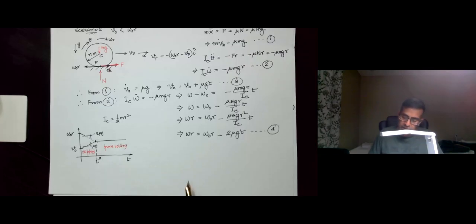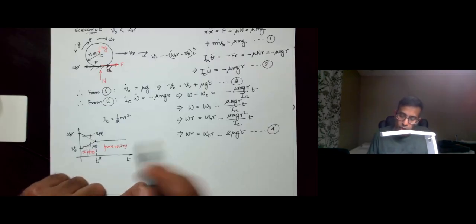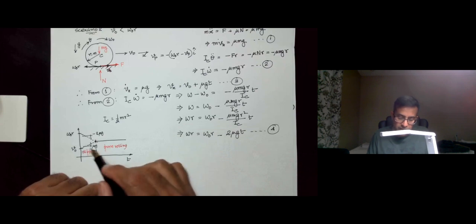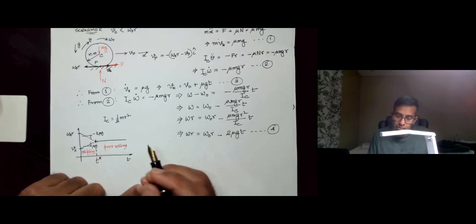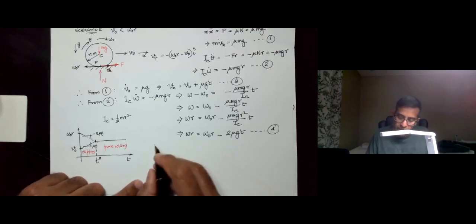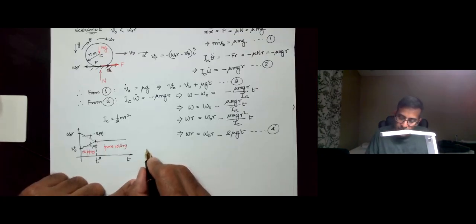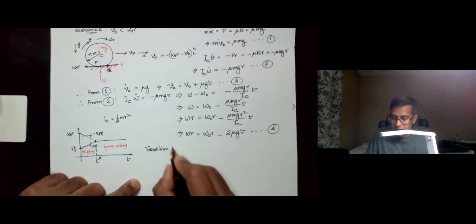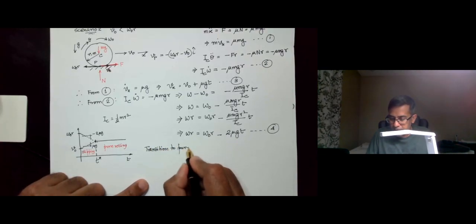Right, so this is the scenario, and similar to the last time, we can actually find out how much time it will take for this slipping to end, and at what time it is going to transition to pure rolling.